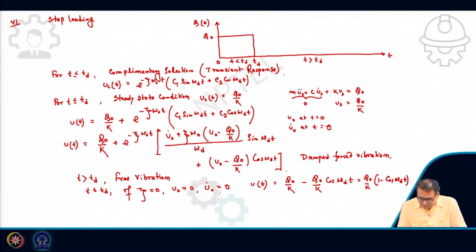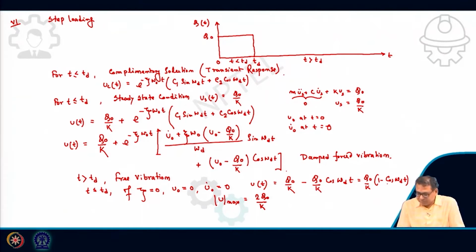Again you can write what will be the u max, because in the response spectra it is the maximum response. So the maximum value of cos omega t can be minus 1. If it is minus 1, then it will be 2 q0 by k. That is the maximum value of u.